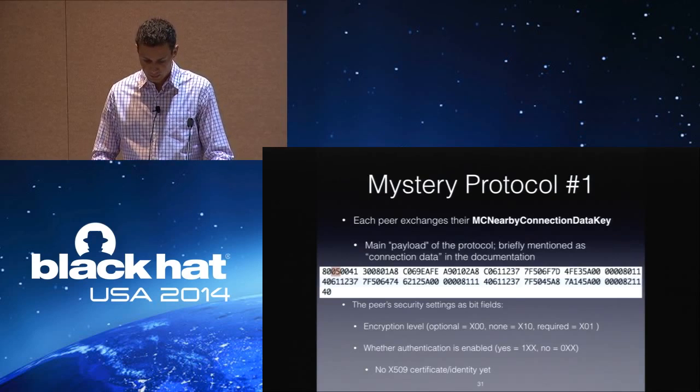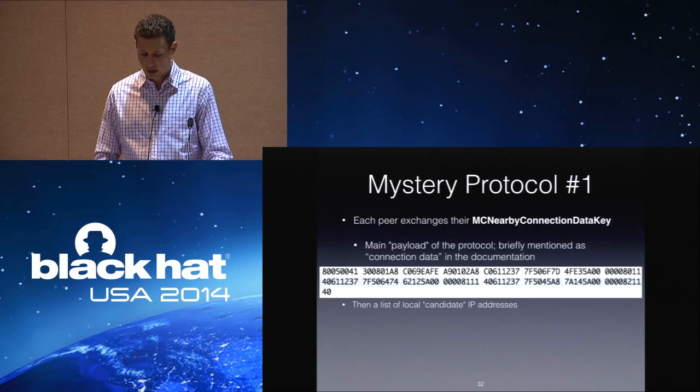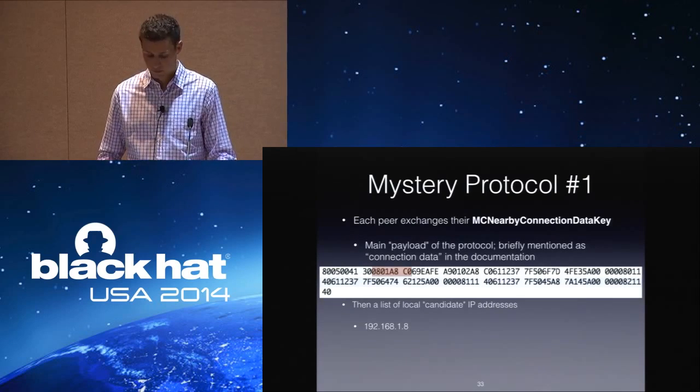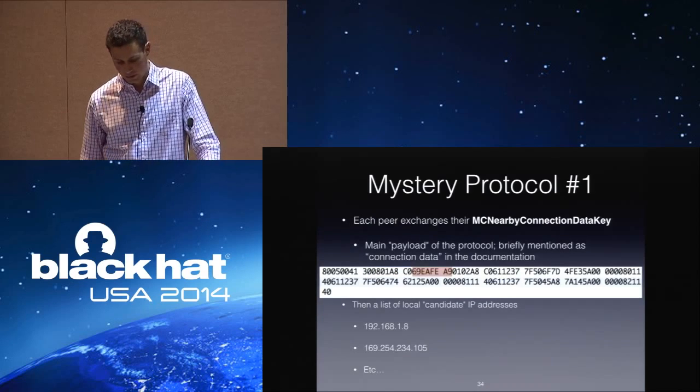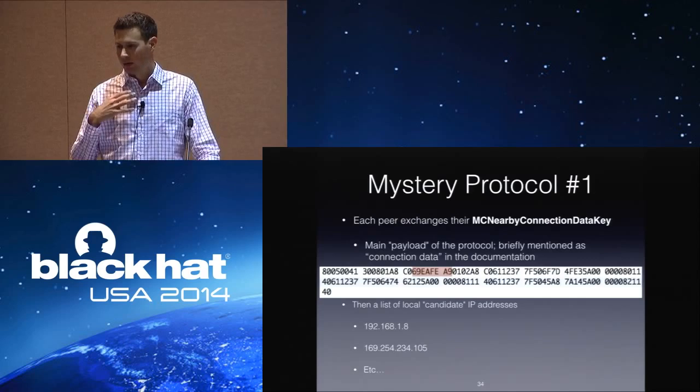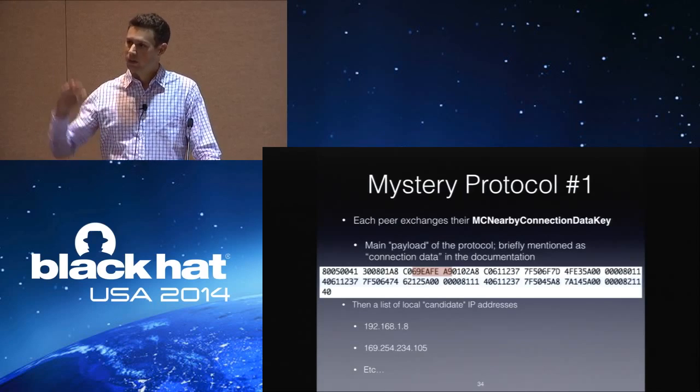So that's one thing. And then there's a list of candidate IP addresses, and I'll define candidate after that. So a list of IP addresses, so 192.168.18, etc., which are the peer's local IP addresses on all network interfaces.